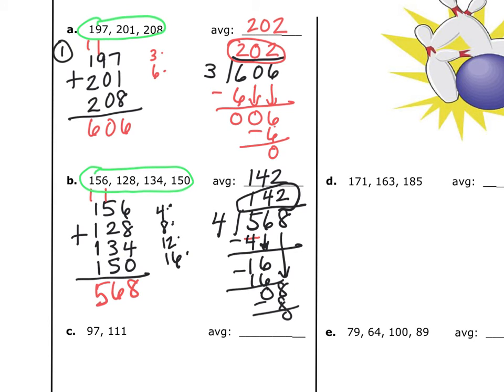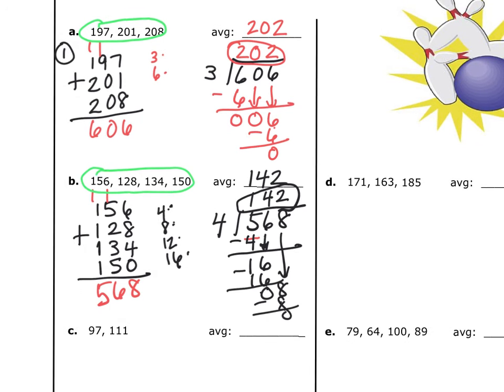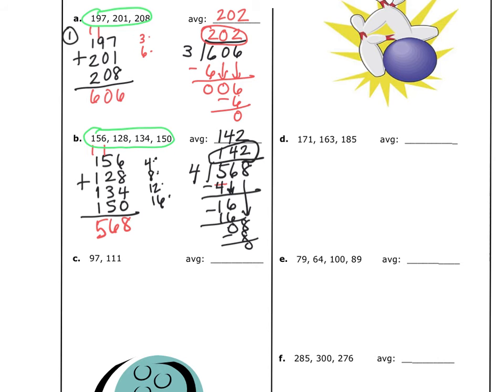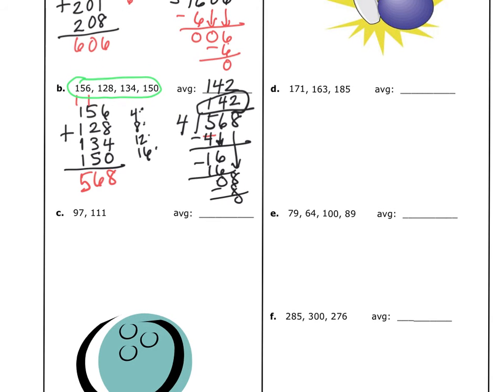I kind of felt like I was going a little fast there. Hopefully not. All right, so Mrs. Hagen's leaving you with, I'm going to help you set up a couple. So let's look at D. First step is to add.